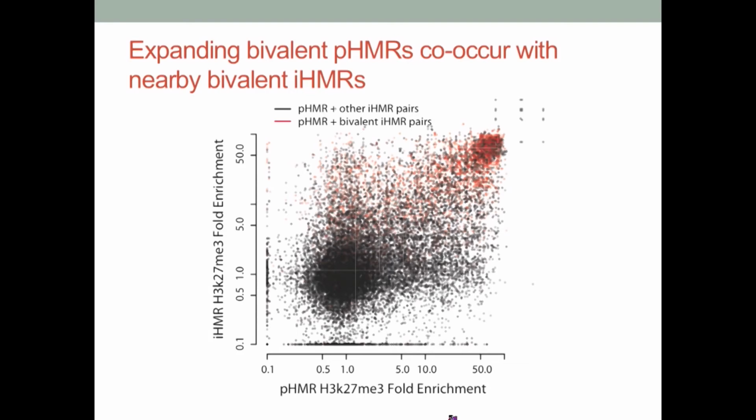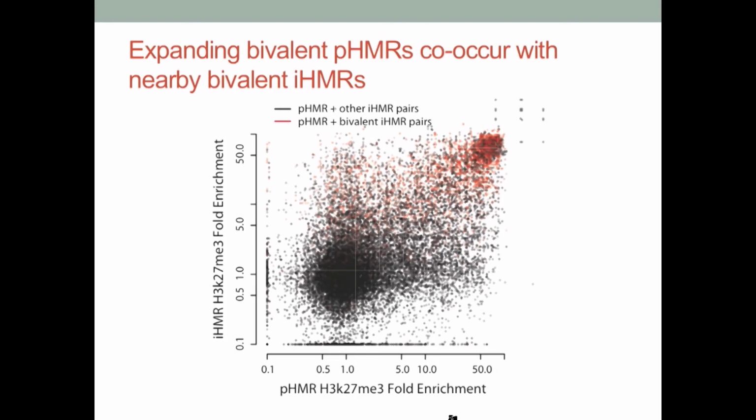And if we look at the correlation between the H3K27 trimethyl enrichment at a PHMR and the H3K27 trimethyl enrichment at the IHMR, and we stratify them based on whether or not the PHMR and the IHMR are both bivalent, we find that the ones that we called bivalent are highly compatible with the promoter HMRs that are also bivalent.